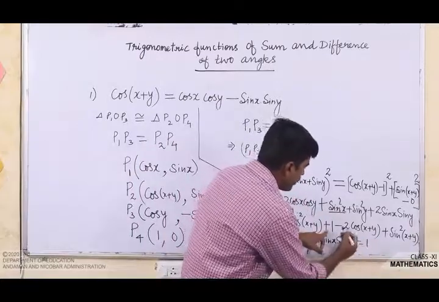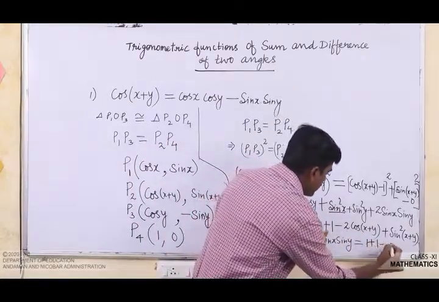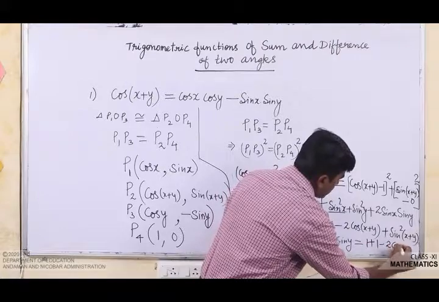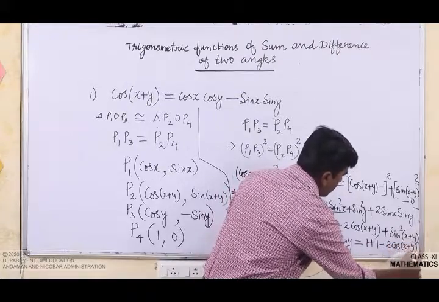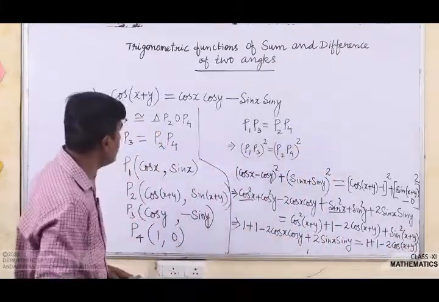Okay, and the remaining portion is plus 1 minus 2 cos of x plus y. Clear?